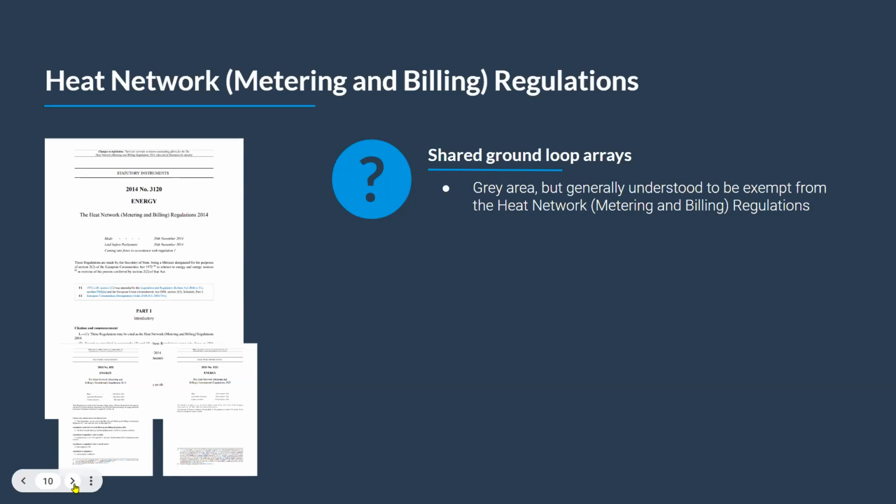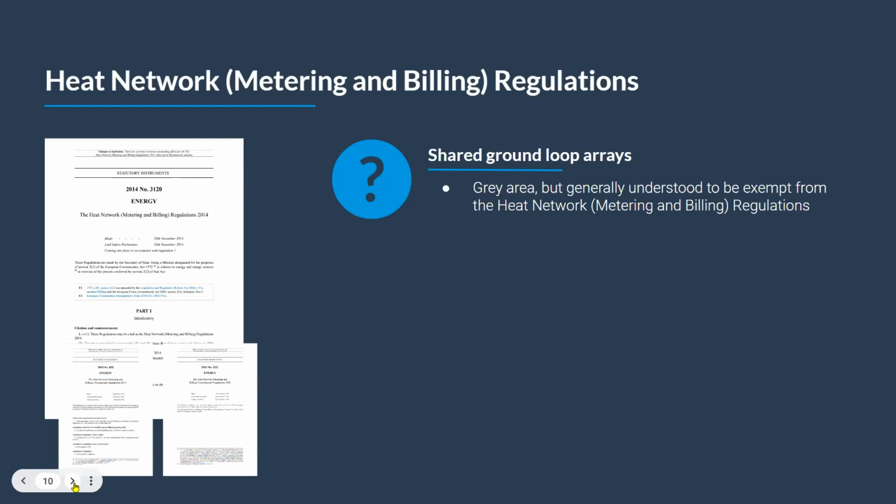Yes, there are maintenance costs associated with operating a shared ground loop array: dosing, pressurization, and repair. But all of the work associated with providing usable heat energy is done by that small heat pump that's in each dwelling. And so all costs are paid by the individual running the heat pump in their home. To our knowledge, this explanation has never been clearly stated by BEIS or the Association for Decentralised Energy, but organisations such as KENSA publicly argue for this position.